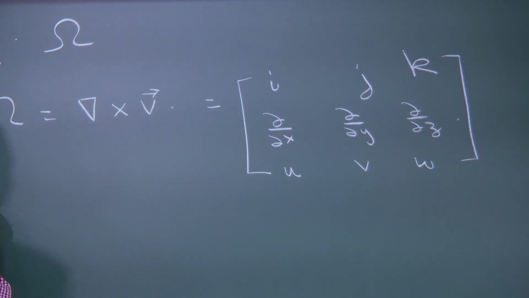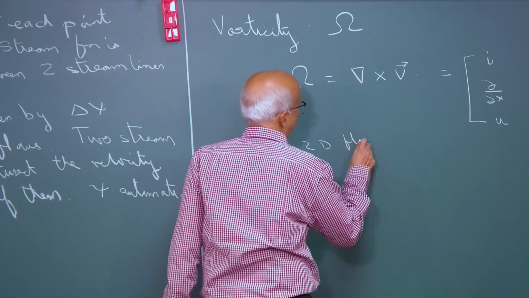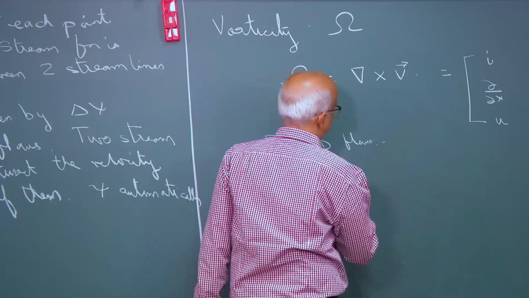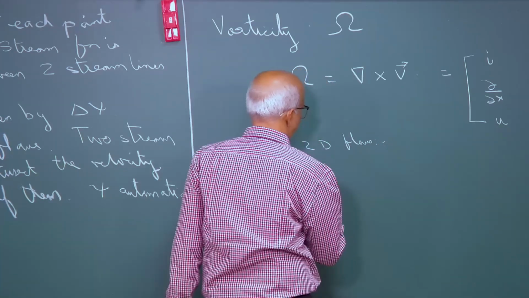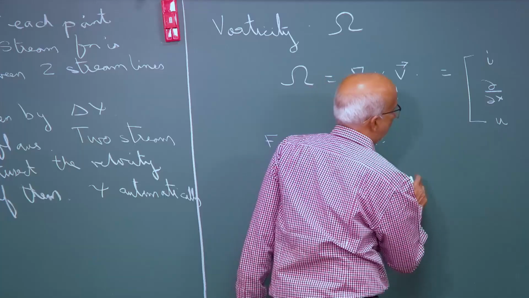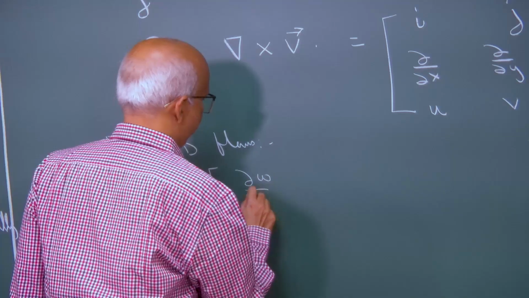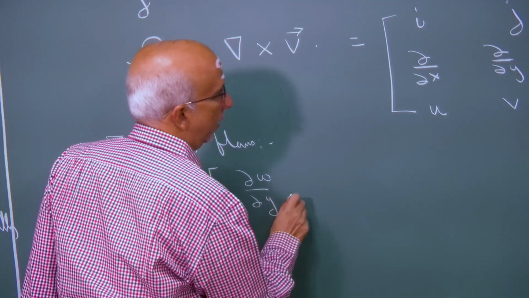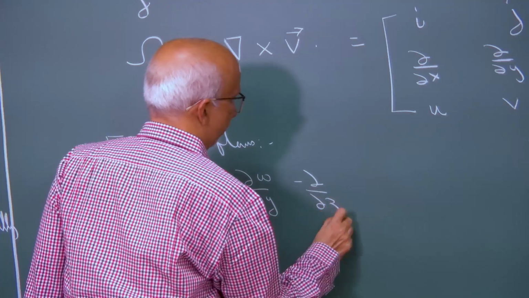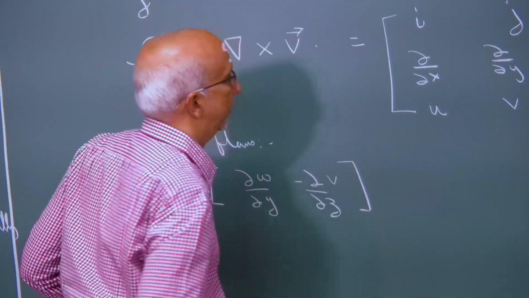So, what is this going to be equal to? i multiplied by dw by dy minus dv by dz, right.